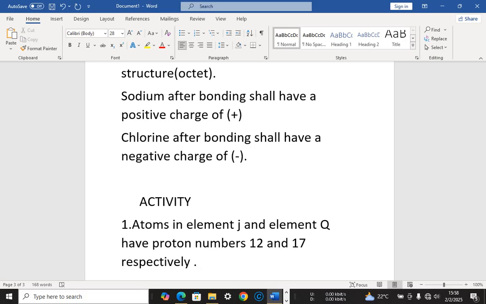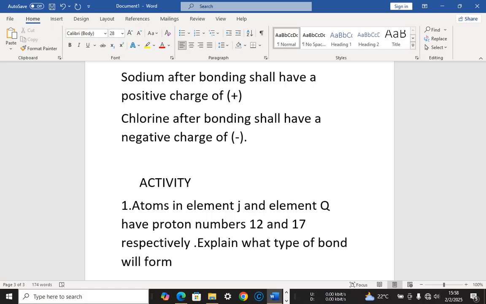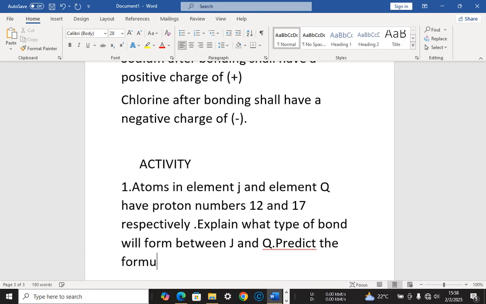Explain what type of bond will form between J and Q. And another one, predict the formula of the compound formed.